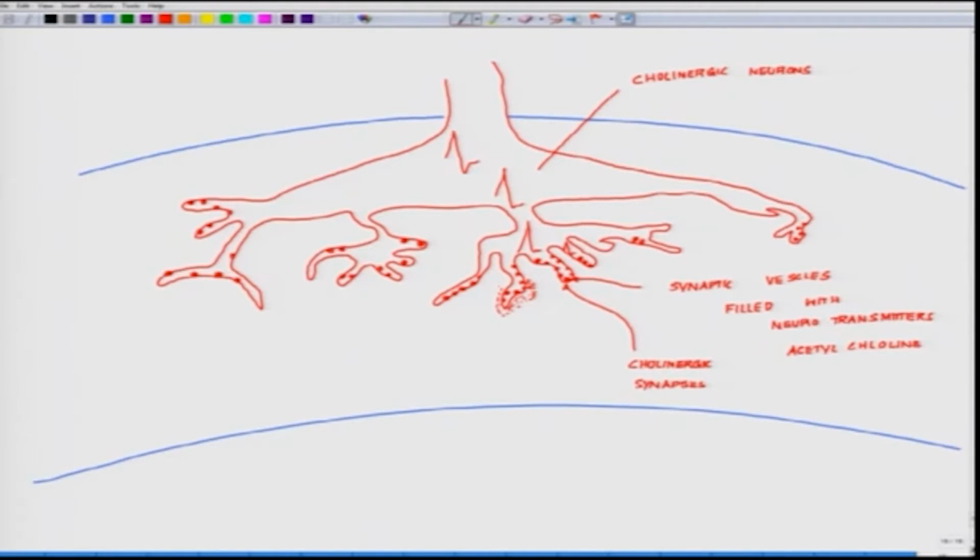These acetylcholine molecules go and bind to the muscle.